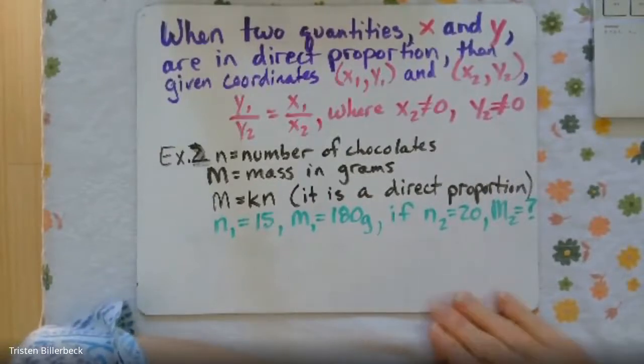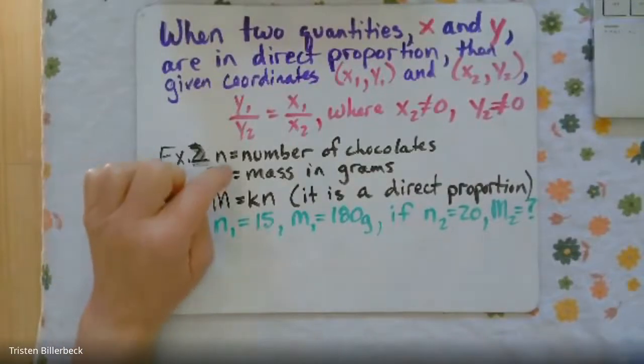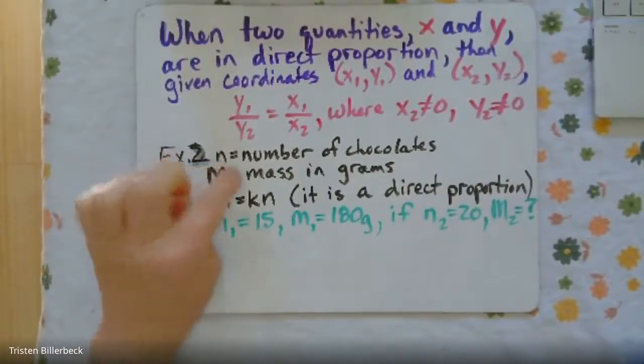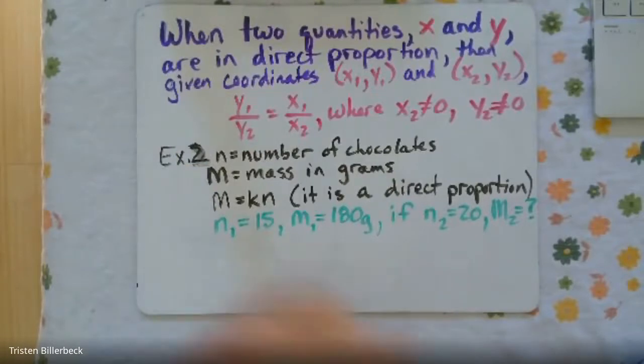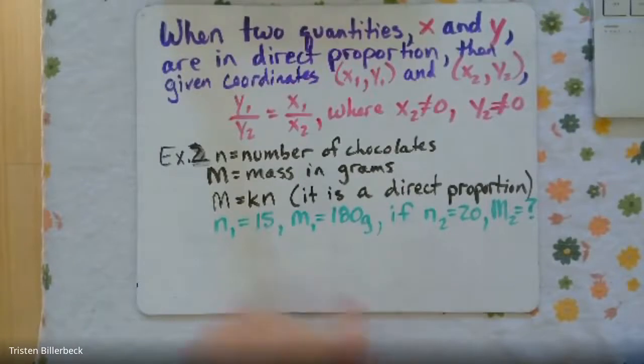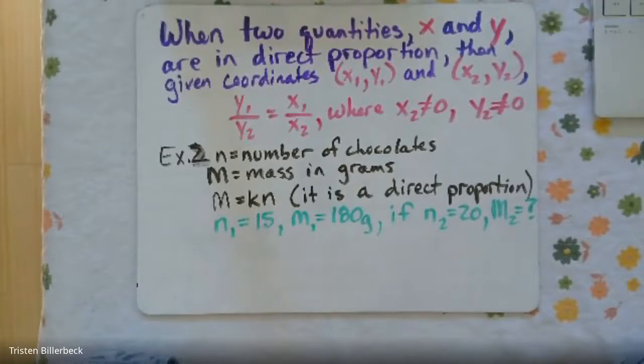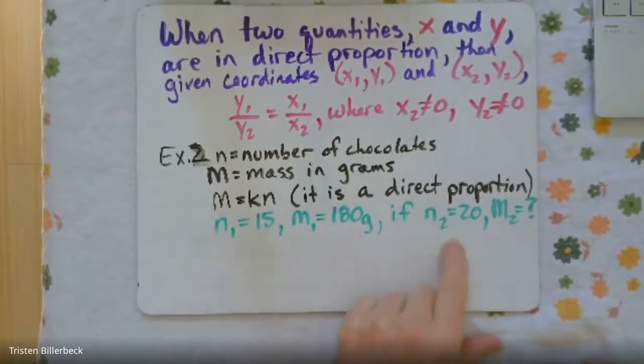For example, n equals the number of chocolates, and big M is the mass in grams. So we have a direct proportion, M equals k times n, where k is our constant of proportionality. Then it gives us n1, m1, and n2.